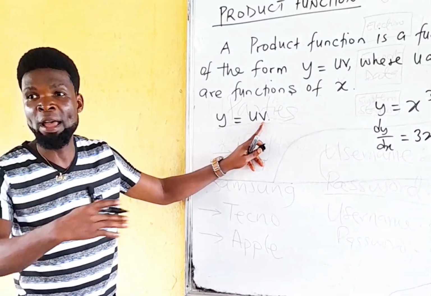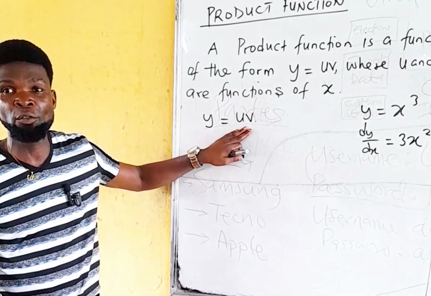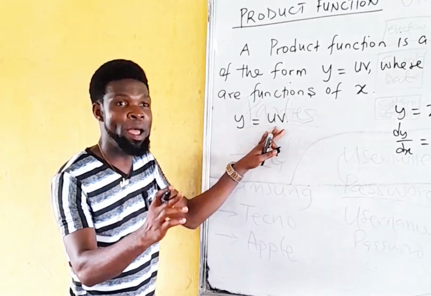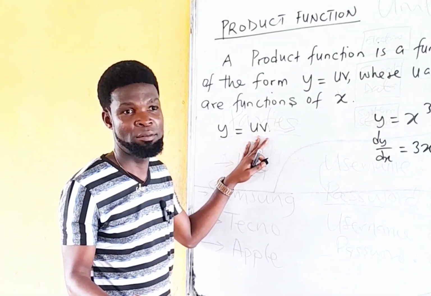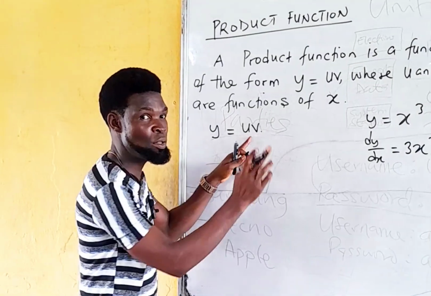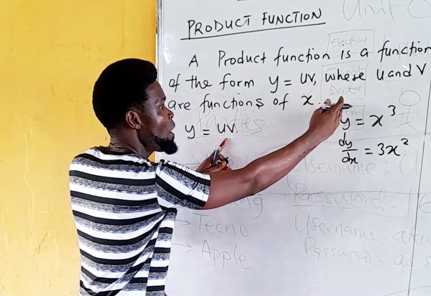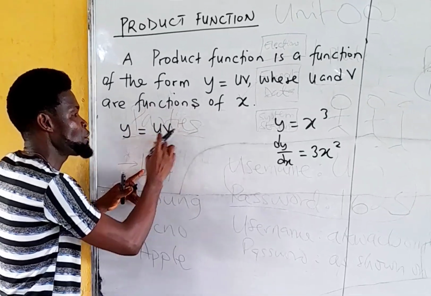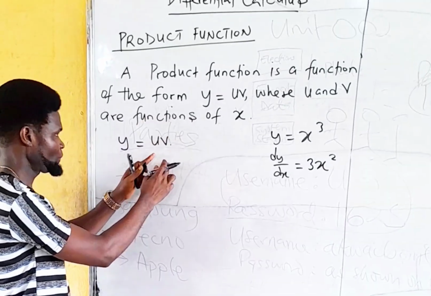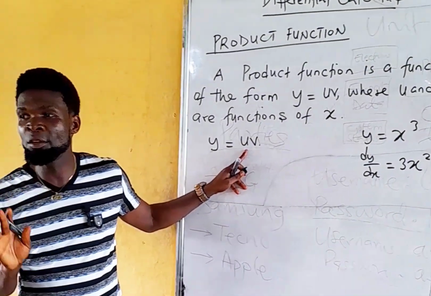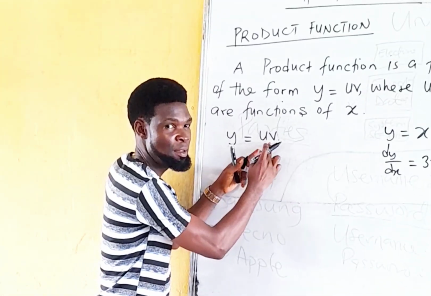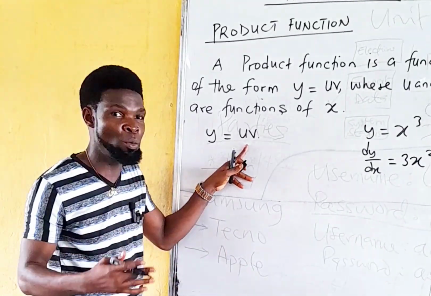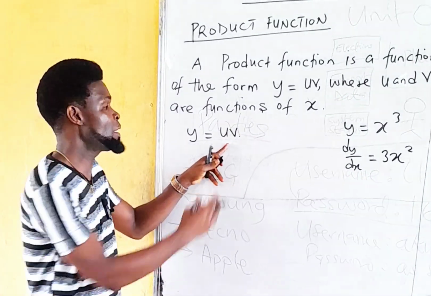Initially, what you have at the right hand side is x, true or false? Now, what is occupying the place of x? uv. That's why we say that u and v are functions of x, because they are taking the place of x. Meaning that anything you want to do here, you must do it with respect to x, because it's taking the place of x.